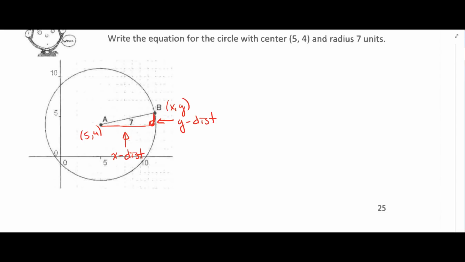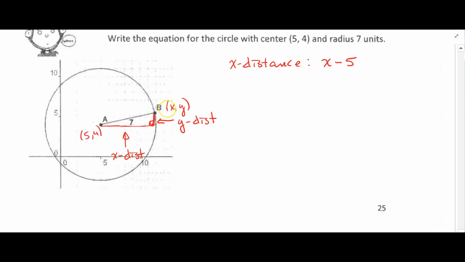So my x distance here, the x of point B is, we're using x, so I'm going to write x, and then to find the distance I subtract the other value, and the x value of A is 5, so my x distance is x minus 5.